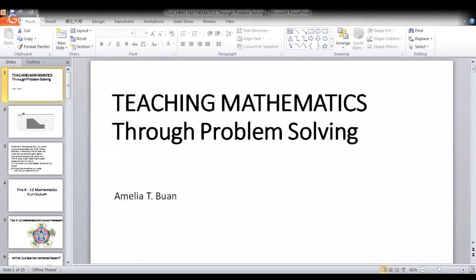So this is another approach. This approach is what we call teaching math through problem solving. Heard of that approach? Teaching math through problem solving.